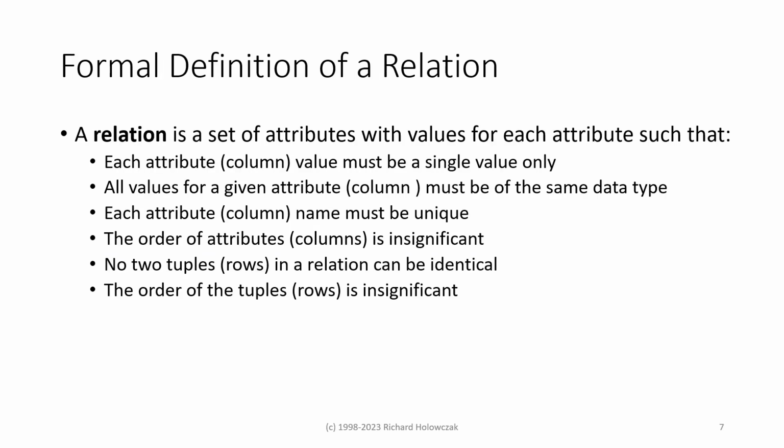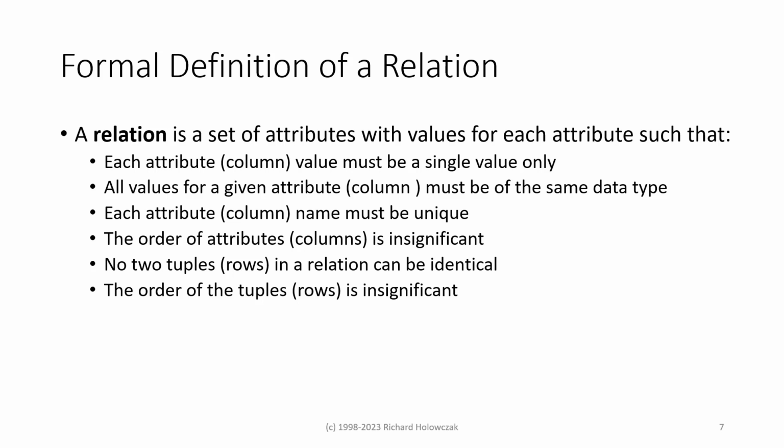The first thing to understand is a formal definition of what a relation is. A relation is a set of attributes that have values for each of those attributes such that the following 6 things are true. Each attribute must be a single value only. We do not allow multi-valued attributes.